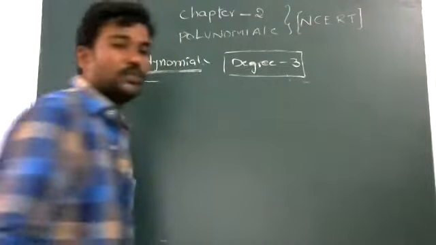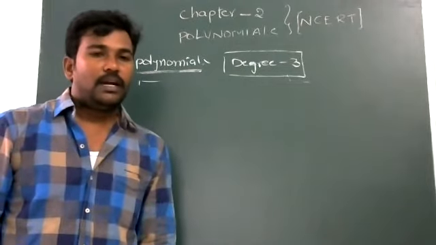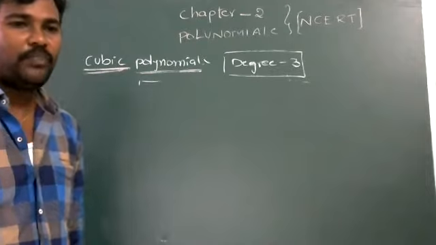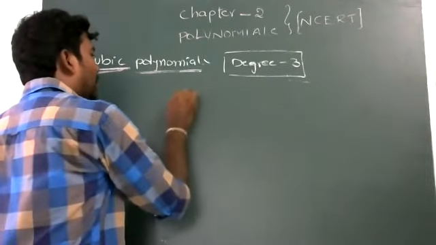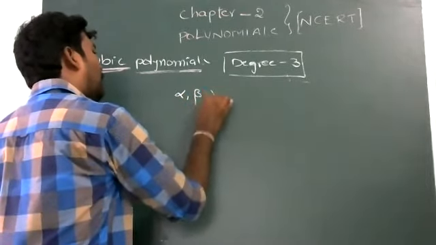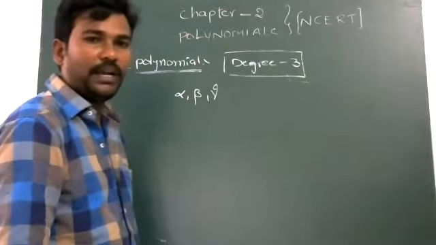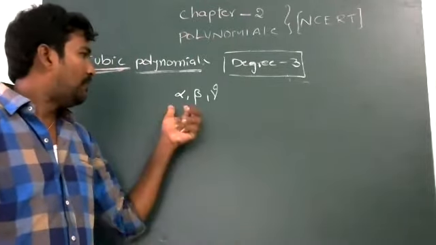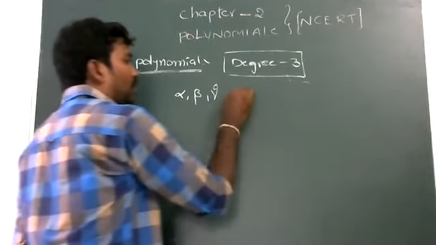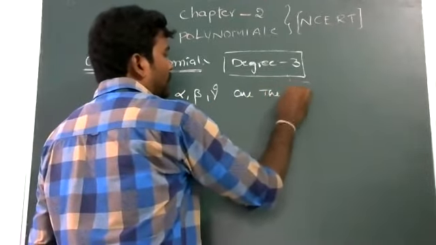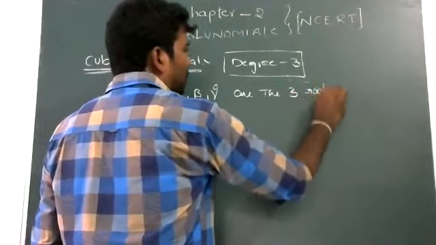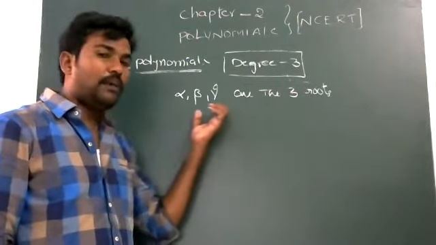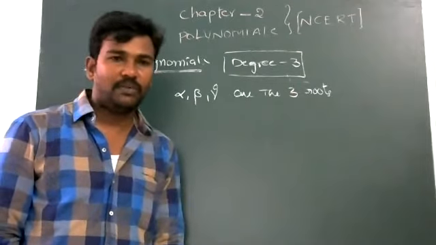Now, according to the quadratic polynomial, what is the sum of roots? Alpha plus beta equals minus b by a, and the product of roots equals c by a. Similarly, here you can assume alpha, beta, and one more term, gamma. These three are Greek alphabets. Alpha, beta, gamma are the three roots, the three zeros of the cubic polynomial.